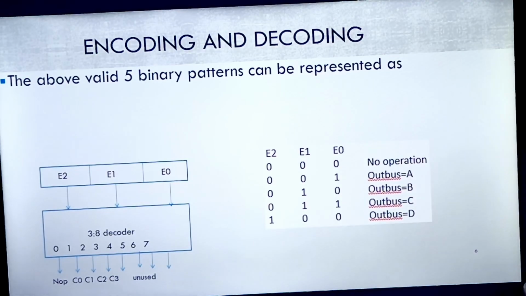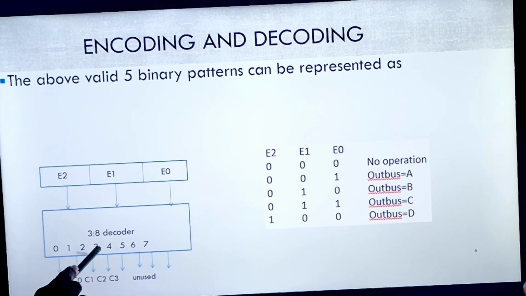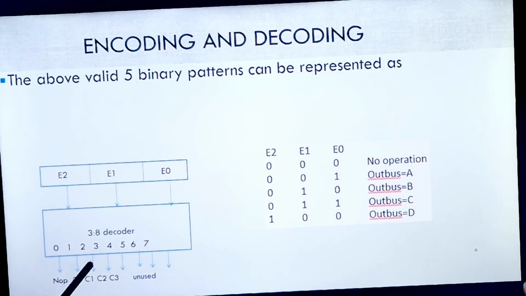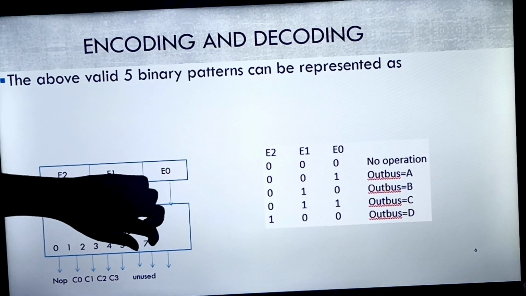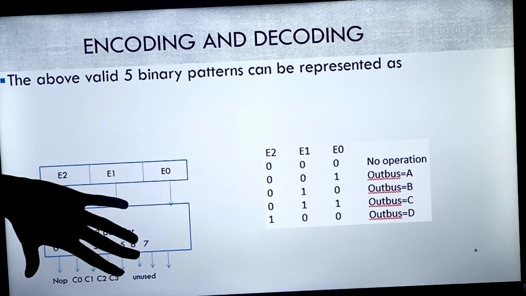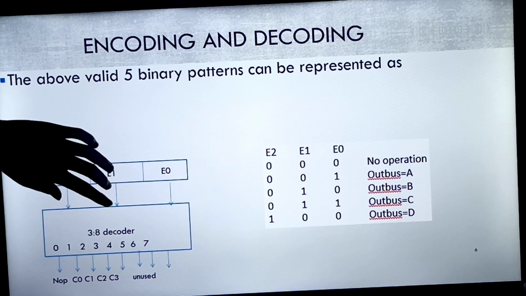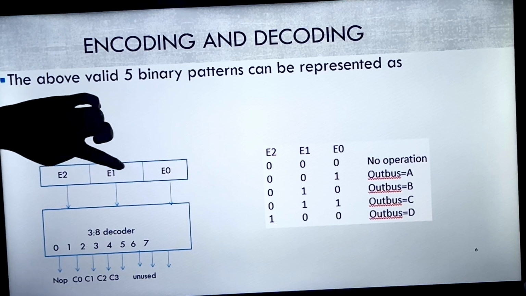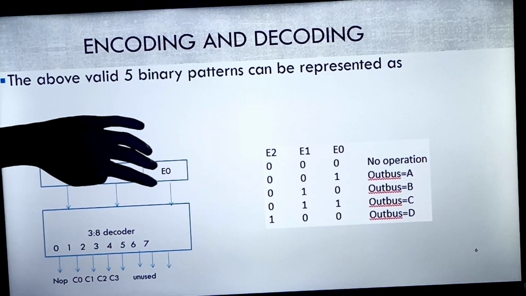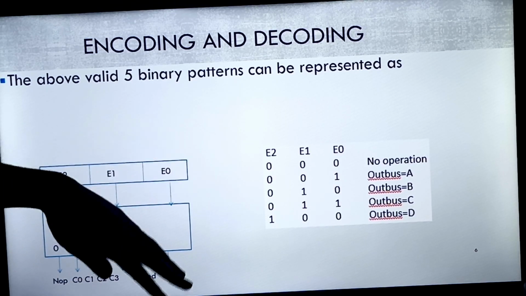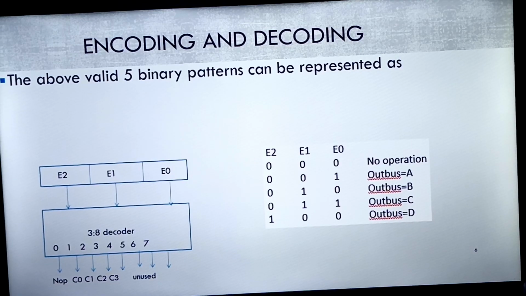But in encoded form, what we can do is use a 3 to 8 decoder. To select any one control signal out of 0 to 7, a total of 8 control signals, I need only 3 bits. 0, 0, 0 means the first control signal, 0, 0, 1 means the second control signal, 0, 1, 0 is the third one, and so on. You understood that?